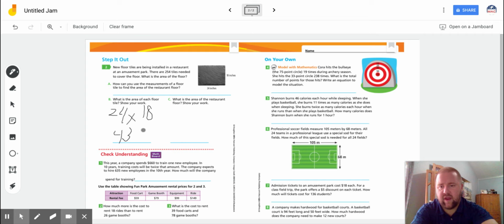And then after that, it says what's the area of the restaurant floor. Well, we had 254 tiles here. So we would have to multiply 254 by 432. If you're unsure how to do a 3-digit times a 3-digit, you can go back and watch my video that goes over that, which is posted right on my website.